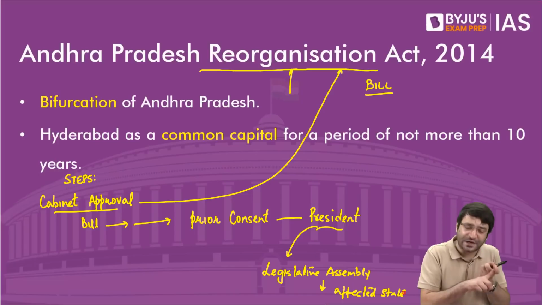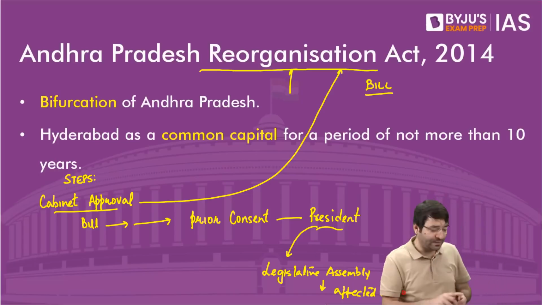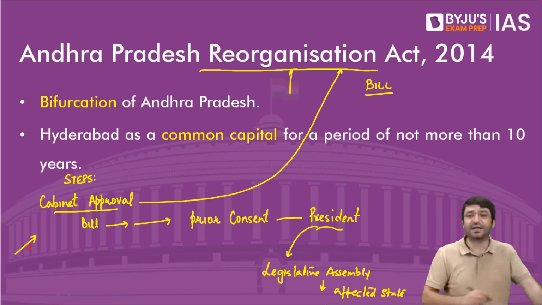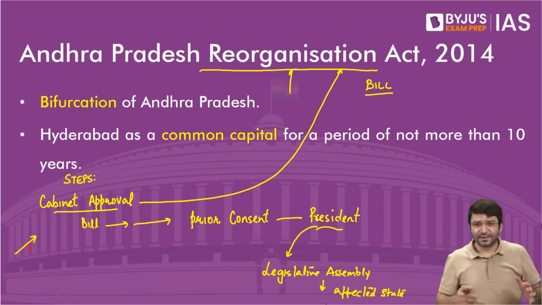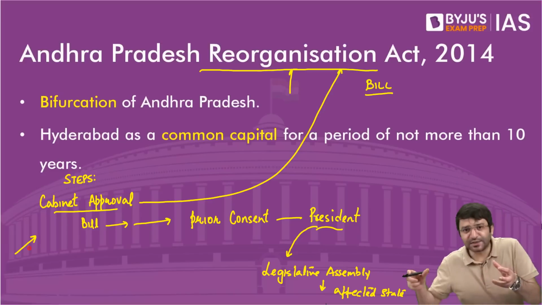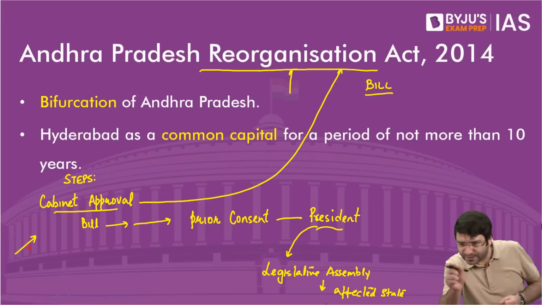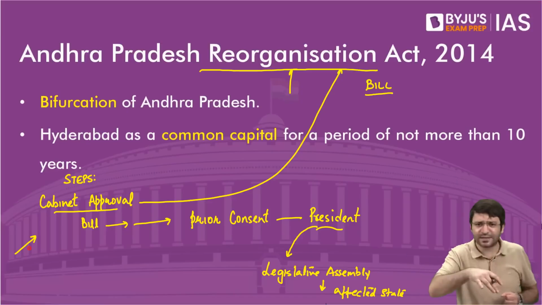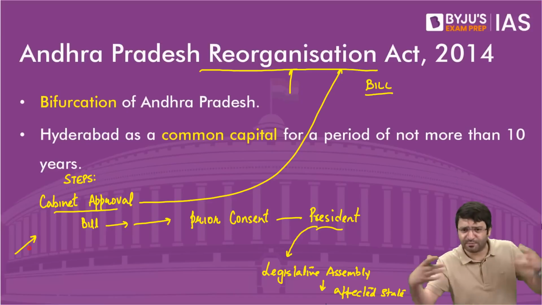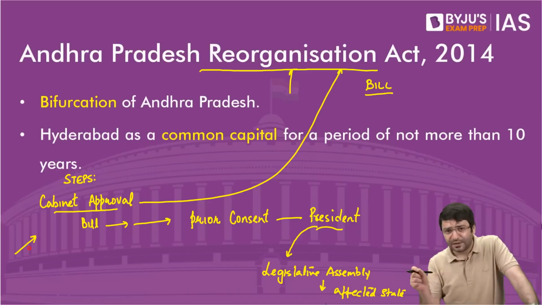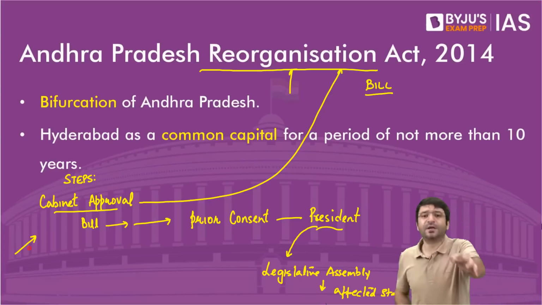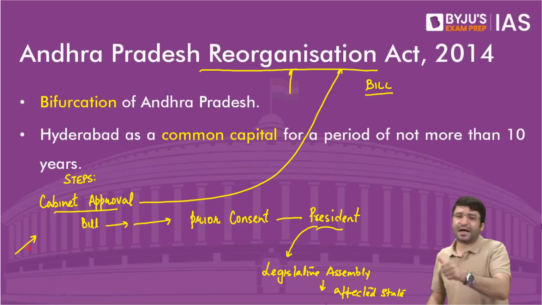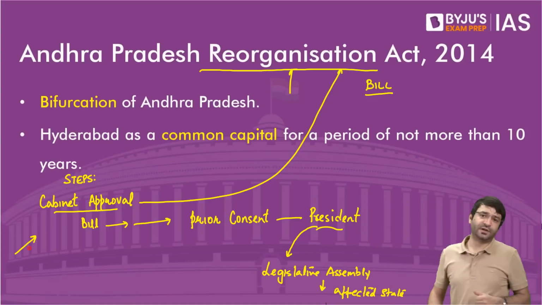But Constitution further says that there has to be a consultative process that needs to be followed. And what is that consultative process? This bill under Article 3, which wants to make these changes, increase the area, decrease the area, alter the boundaries, change the name, merge the states, this bill under Article 3 cannot be introduced in the Parliament without the prior consent of the President of India.